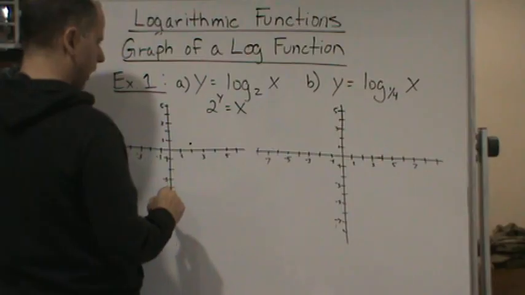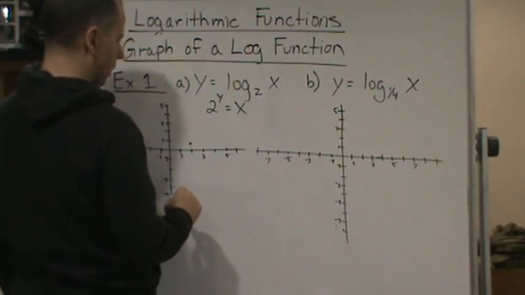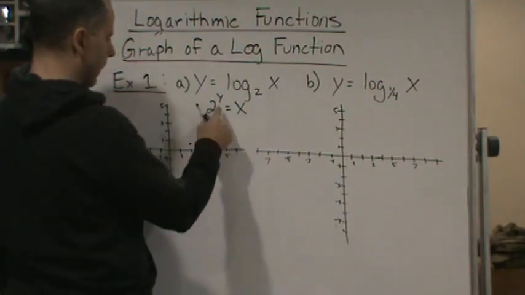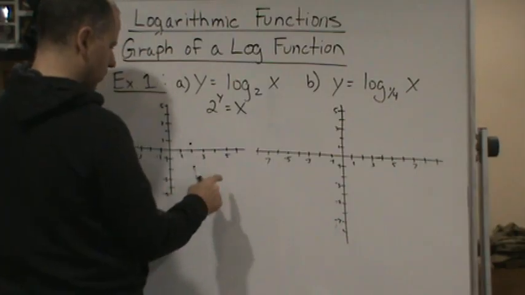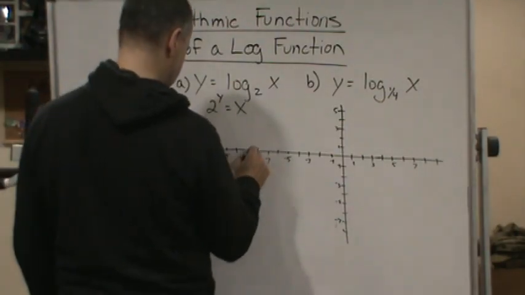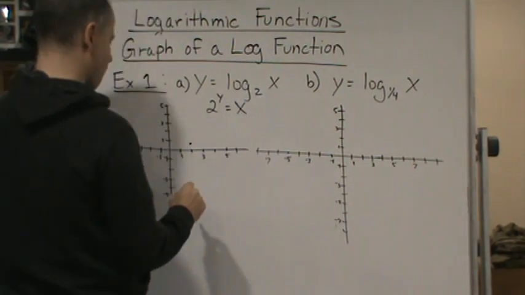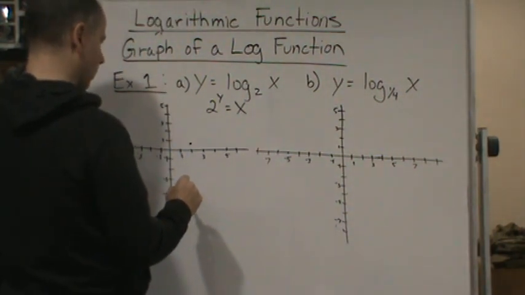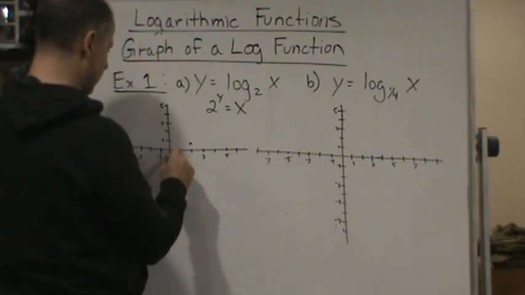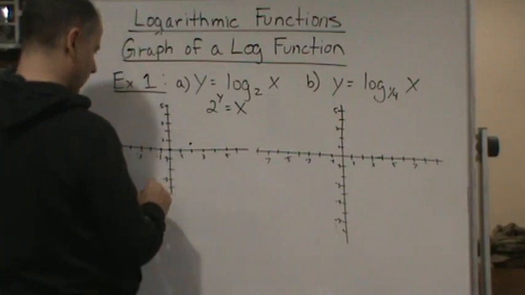Okay. Now what about when y is 3, x is 8? When y is 0, x is 0, so we have a point here, 0, 0.